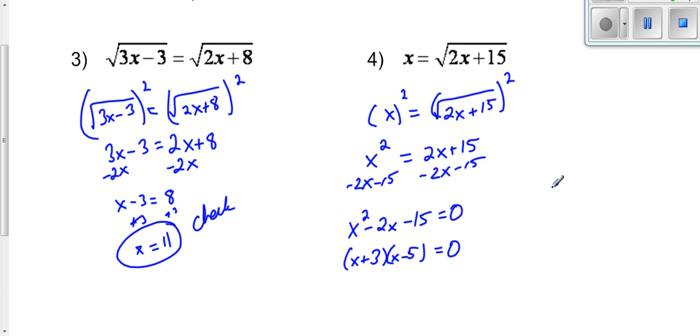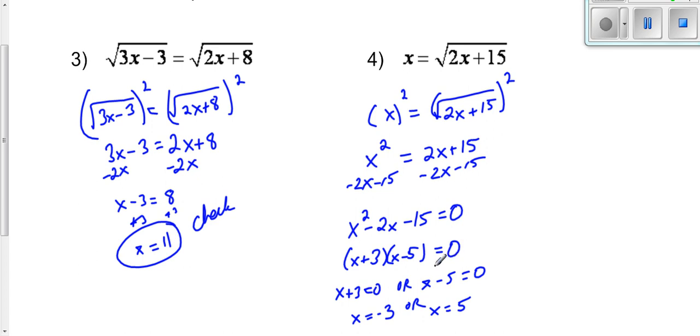Now, the zero product property, all kinds of great review here. If this times that equals 0, either this equals 0 or that equals 0. If x plus 3 equals 0, x equals negative 3. If x minus 5 equals 0, x equals 5. So x equals negative 3 or x equals 5.